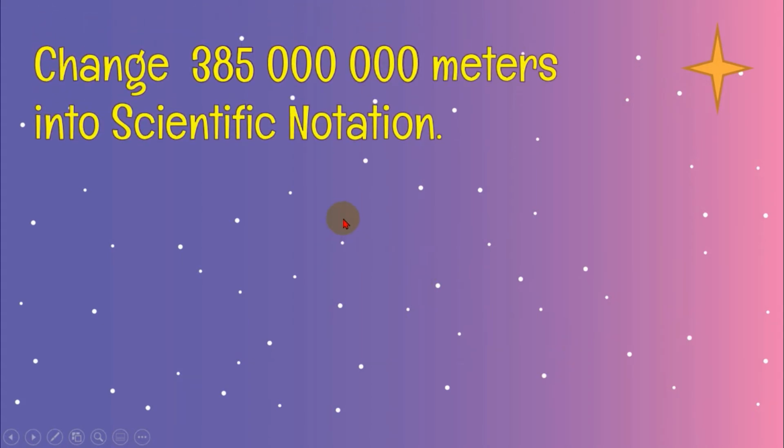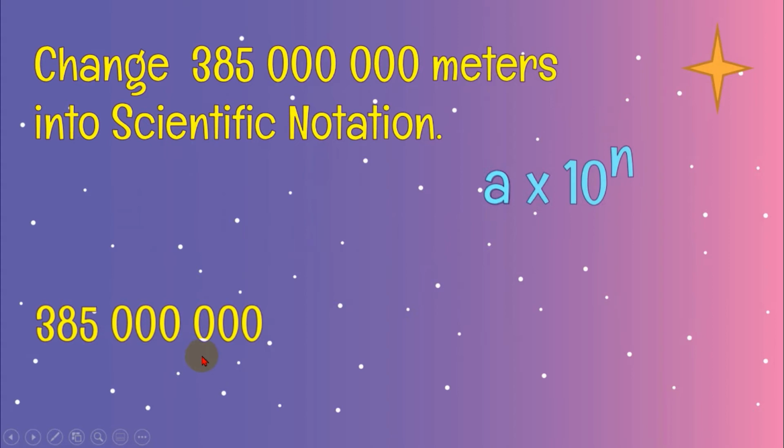So, to change 385 million meters into scientific notation, let us get our number. Here is our number. Change it into the scientific notation form A times 10 raised to n, where your A will be derived from this number. And your A daw dapat lagpas sa 1, pero hindi lalagpas sa 10.